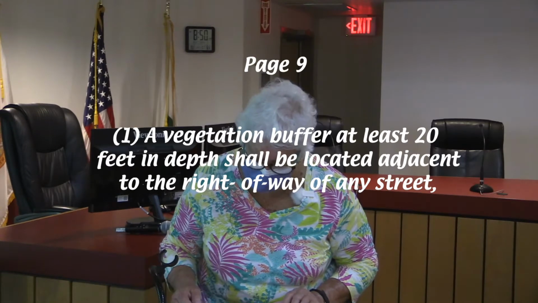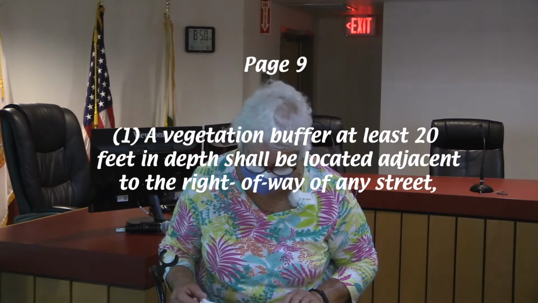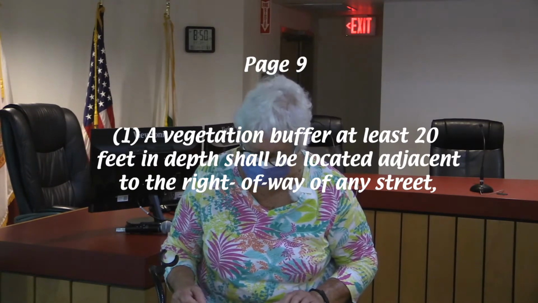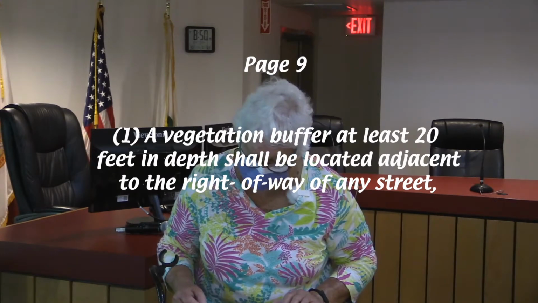The next section is the location and size of required vegetation buffers, and this is in the commercial area. The vegetation buffer should be at least 20 feet in depth, located adjacent to the right-of-way of any street, except for Periwinkle, between Causeway Road and Tarpon Bay Road.